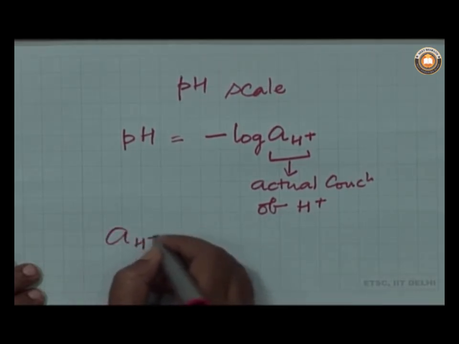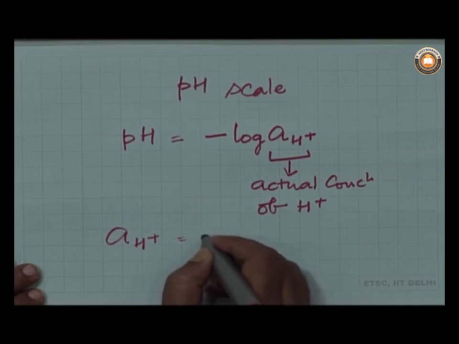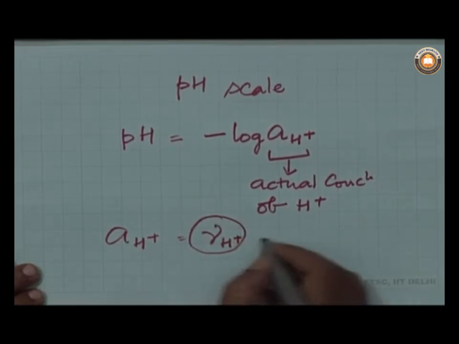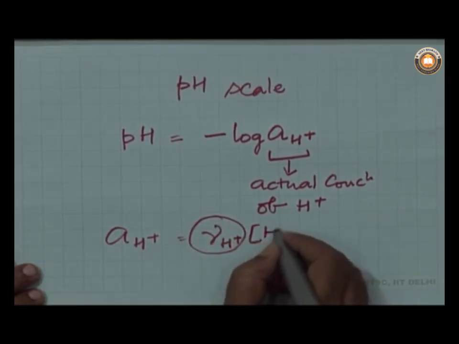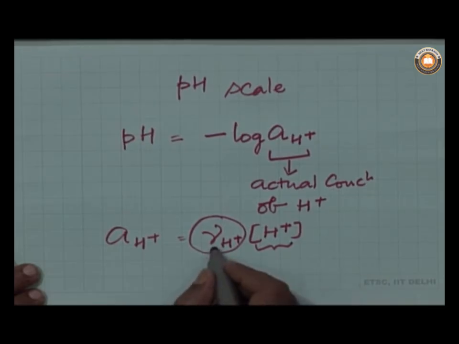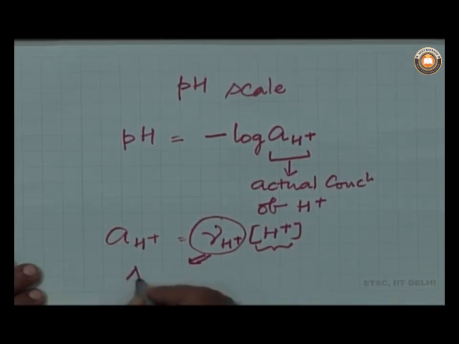Activity is defined as the product of two different quantities. One is called the activity coefficient, gamma H plus, into the concentration of H plus ion in molarity.